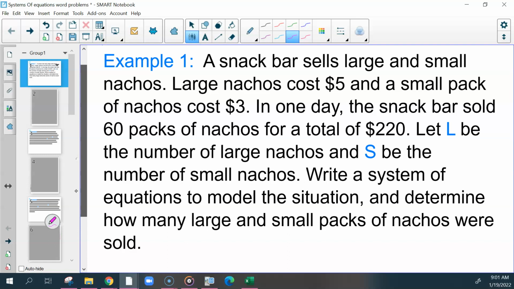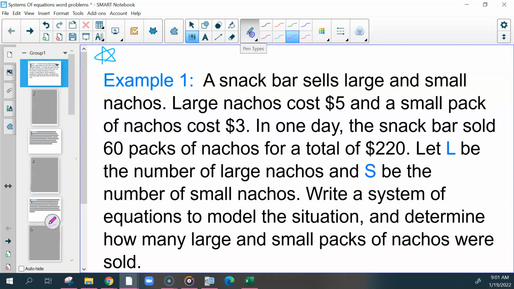The price of both types of nachos, how much they sold in one day, and the total of how much they sold. Does that make sense? So the number of packs and how much that costs.